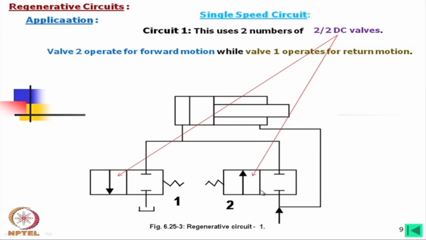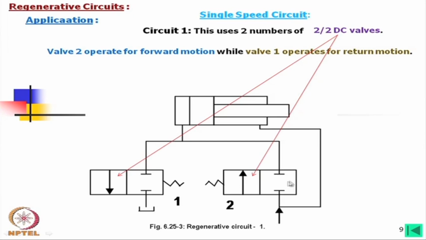Now, let us consider another case where both the valves are open, that means connected. In that case what will happen? Tell me, in that case the cylinder will move in which direction? The answer is it will not move, because oil will always flow to the less resistive path, and that is definitely the return path.